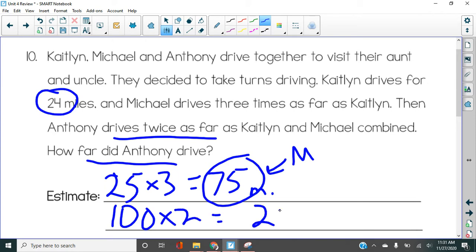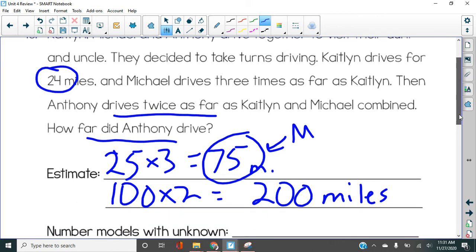So this is my estimate, that Anthony drove about 200 miles. Okay, what did you notice that I did as I was estimating? Yeah, lots of like, oh, this is kind of close to this. And I think, this is around this, right? When we're estimating, that is the purpose of that estimating.